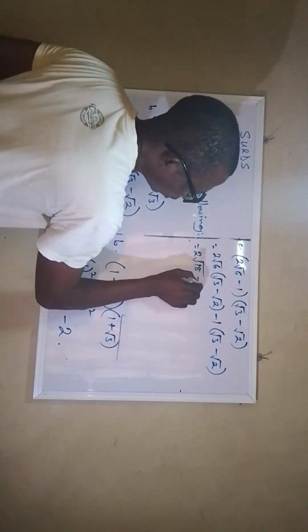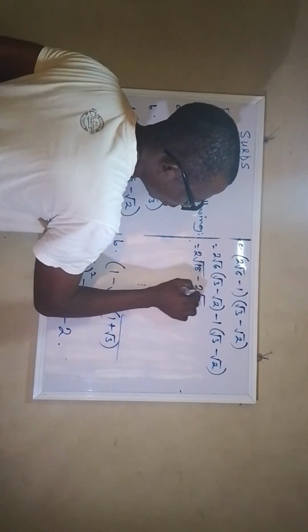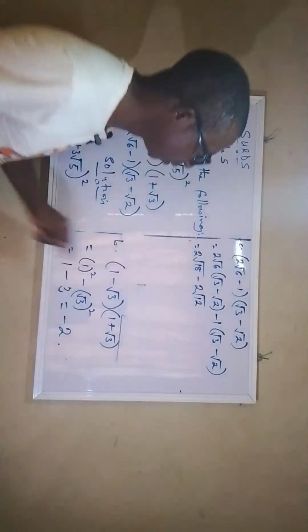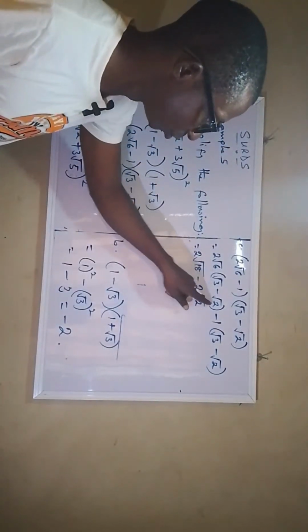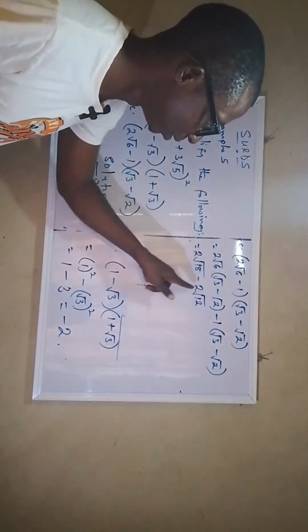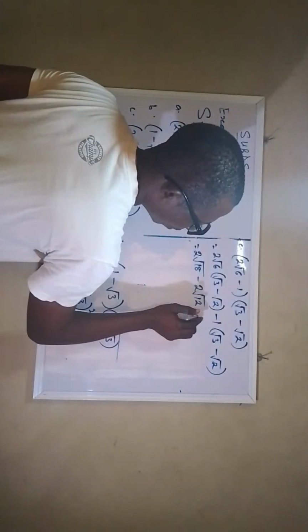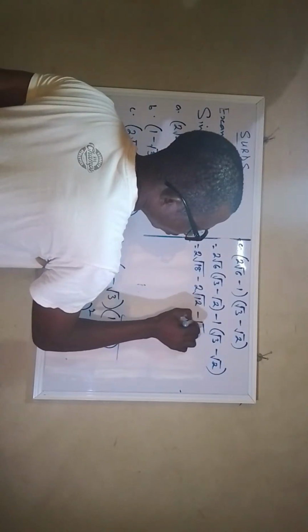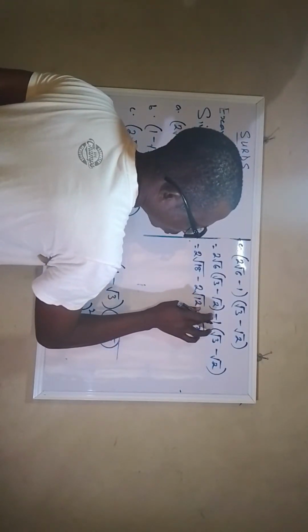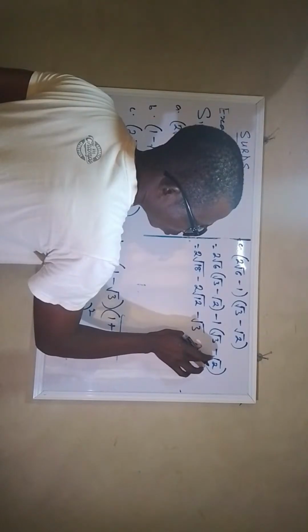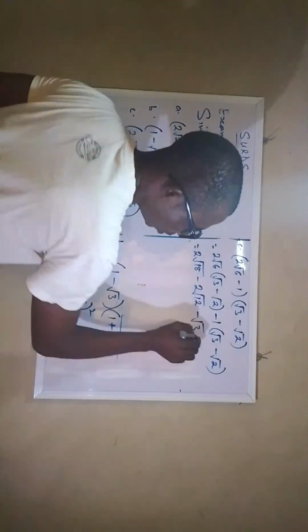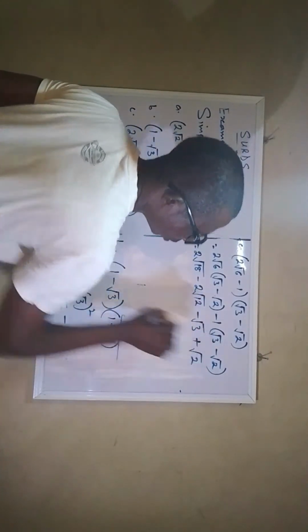We have minus 2 square root of 12. Okay. 6 times 2 is 12. 2 times 1 is 2. So now minus 1 times square root of 3. That's minus square root of 3. Minus 1 times minus square root of 2. That's going to be plus square root of 2.